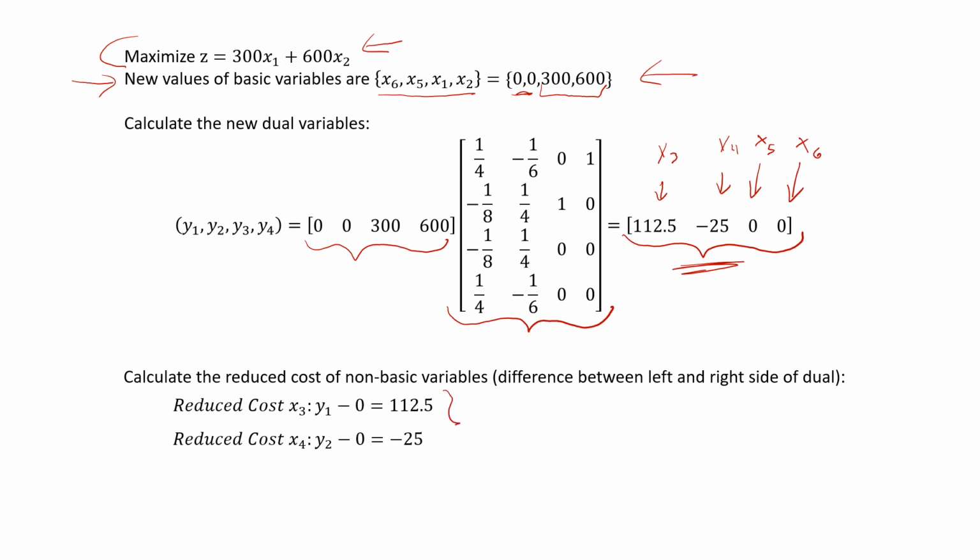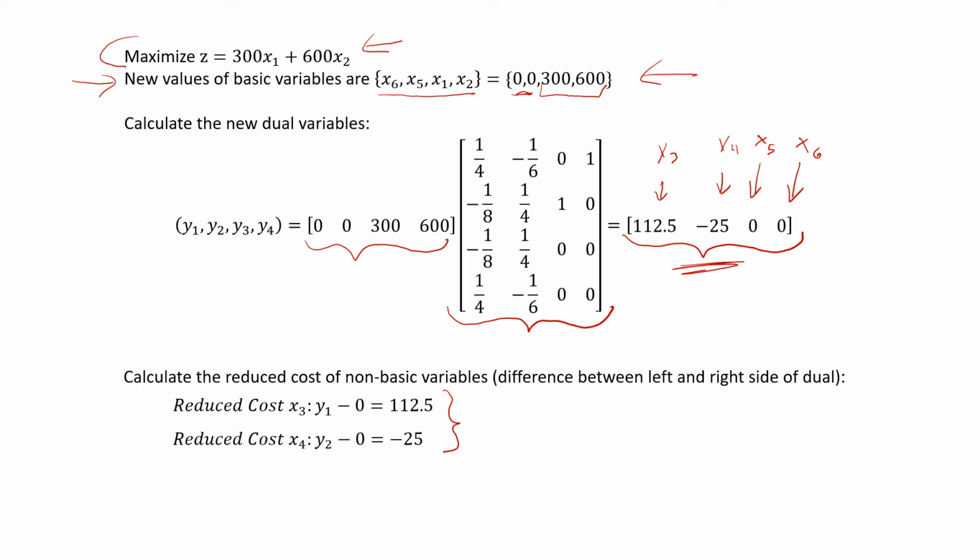What about our non-basic variables? Well, those have to be calculated based on your dual problem. Look at what line corresponds to X3. Well, X3 doesn't have one in there. It corresponds to the fact that Y1 is greater than or equal to 0.